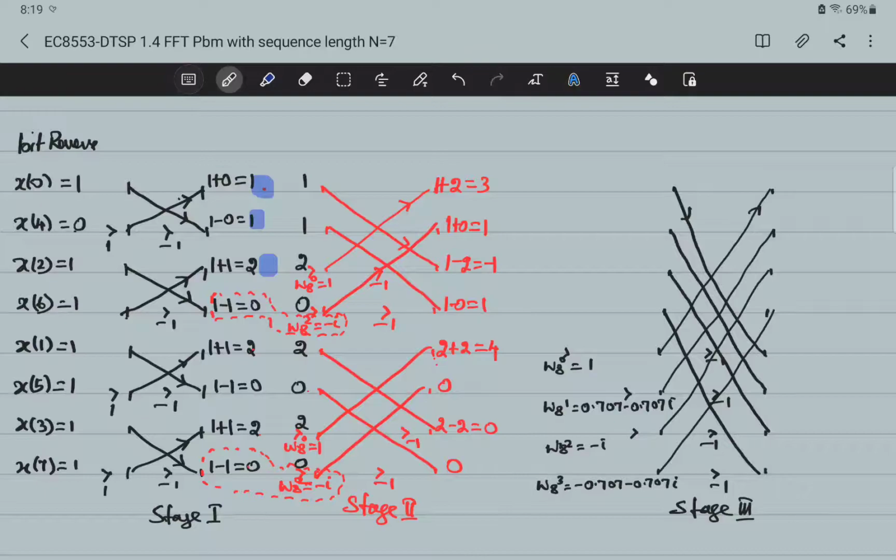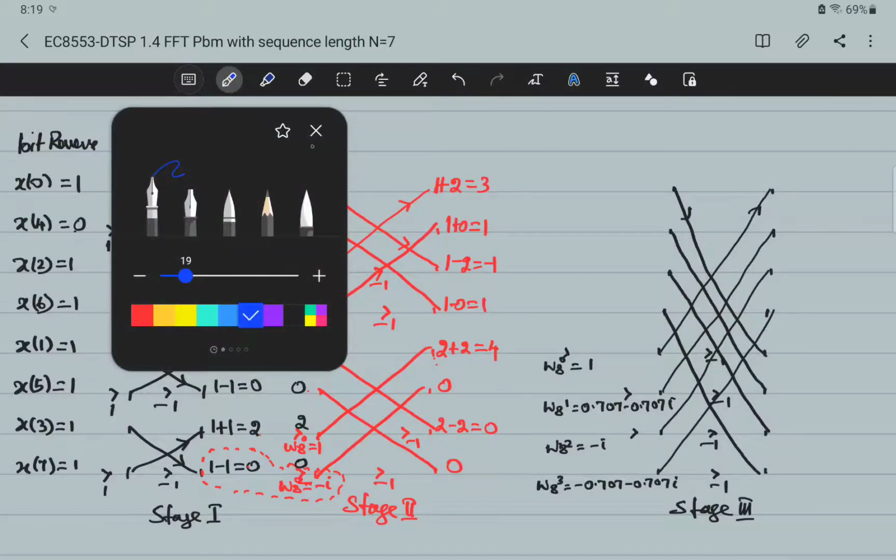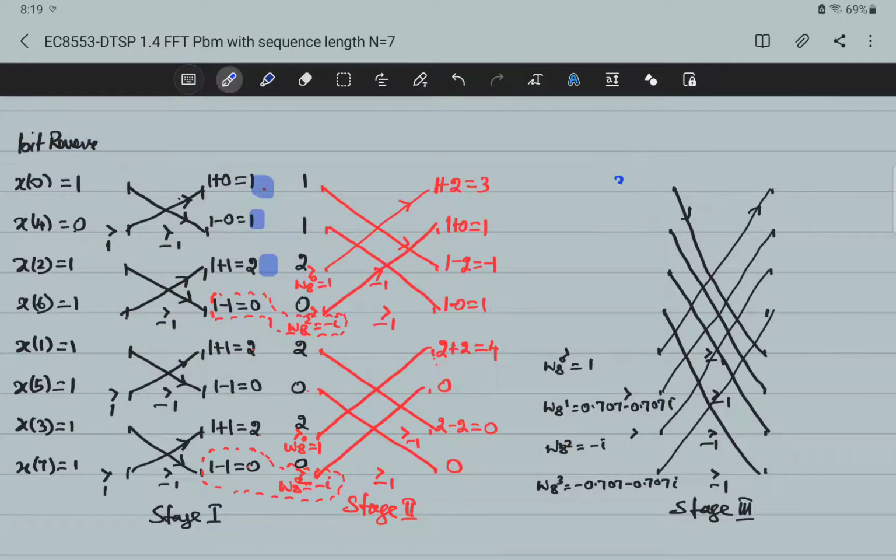So now first multiply the stage 2 answers. Write the stage 2 answers as they are. So stage 2 answer here 3, here 1, here -1, here 1, and here after multiplying with these values, if you multiply this, you will get 4 only.